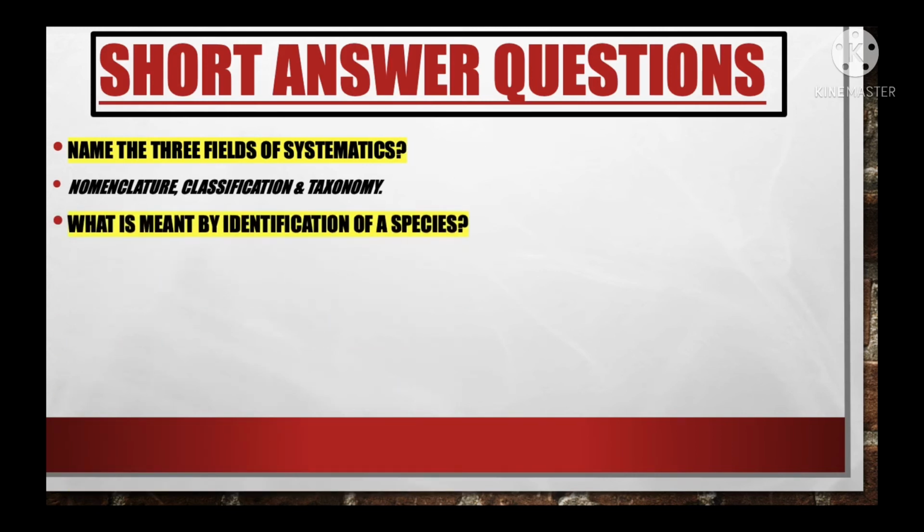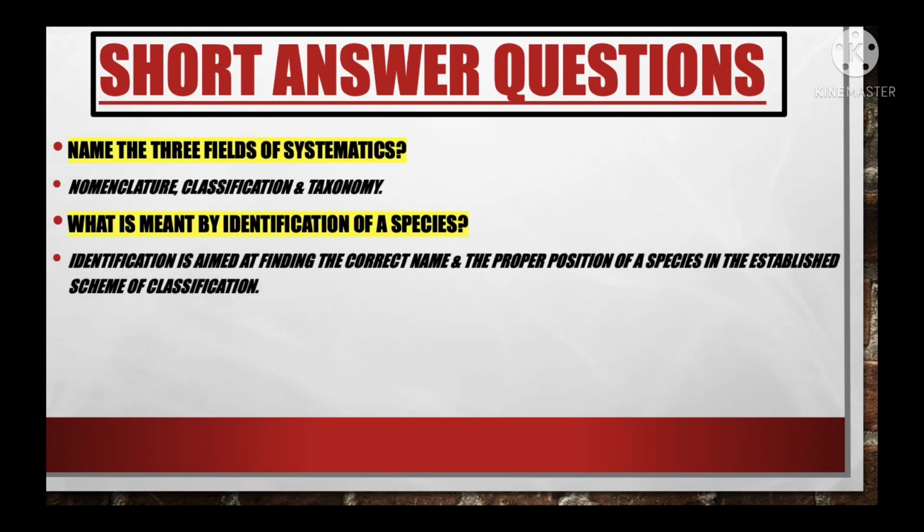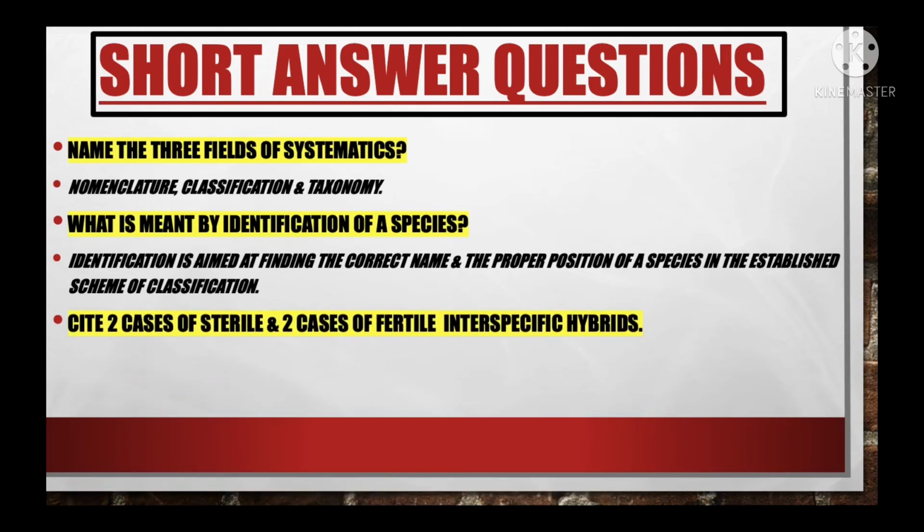What is meant by identification of a species? Identification is aimed at finding the correct name and the proper position of a species in the established scheme of classification. Cite two cases of sterile and two cases of fertile interspecific hybrids.